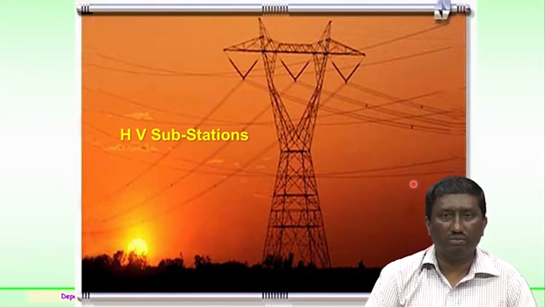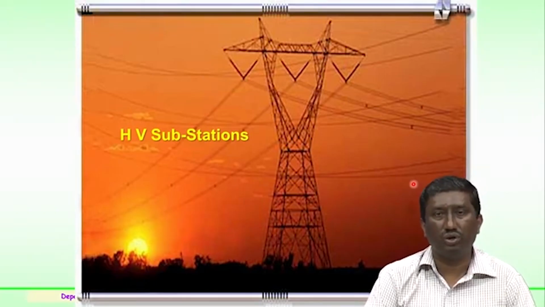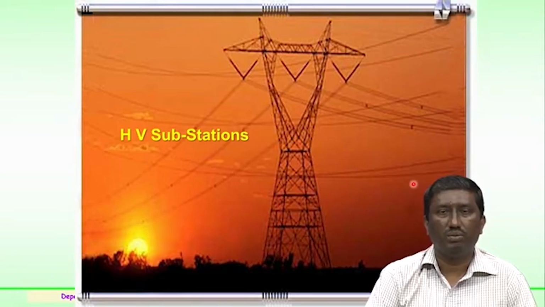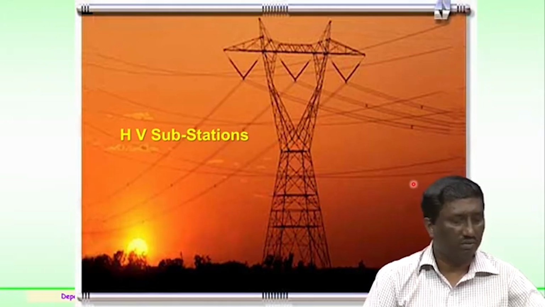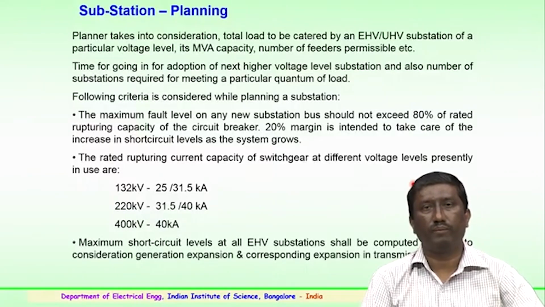So, we will look into the various issues and important components of the substations, the performance of various components in the substations, and the necessary safety and precautions to be adopted for the operating personnel in the substations.